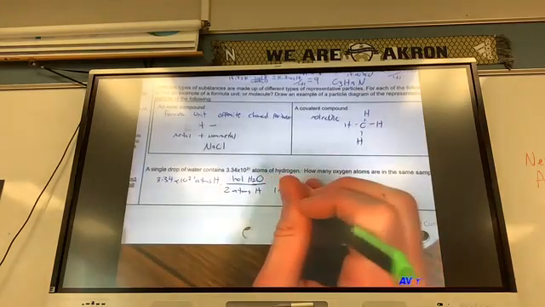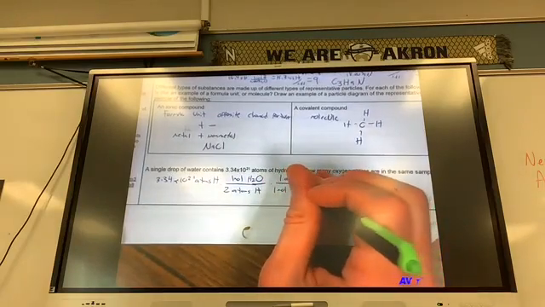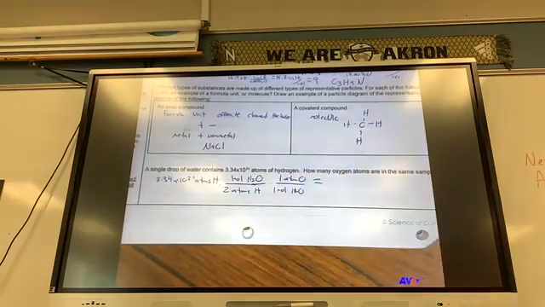And every 1 mole of H2O has 1 atom of O. So it's essentially this number divided by 2. So what do you get?